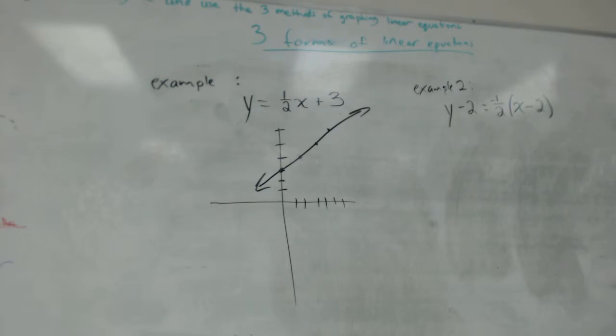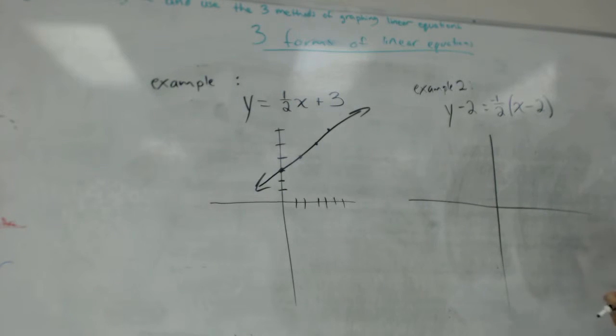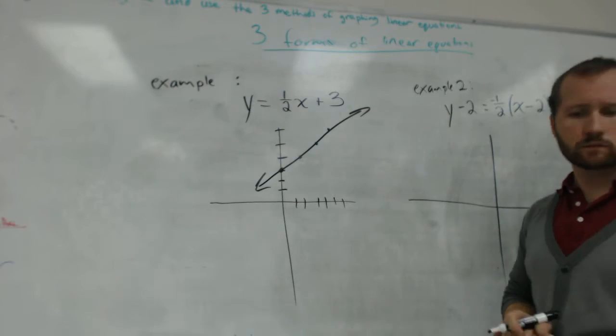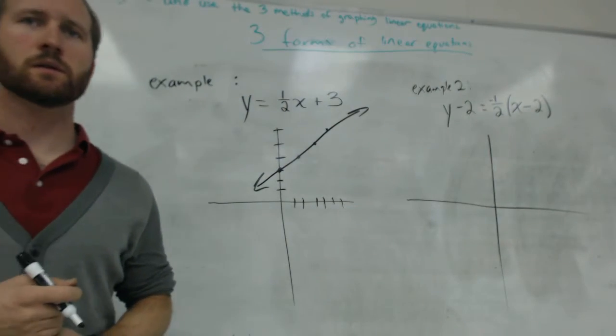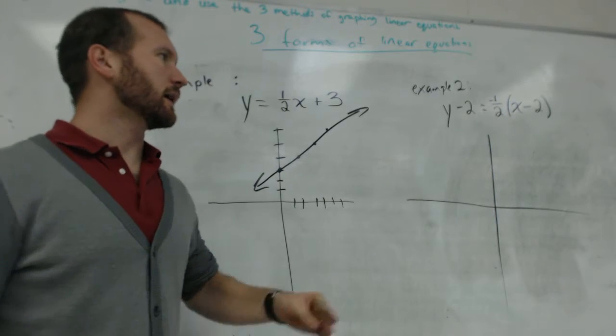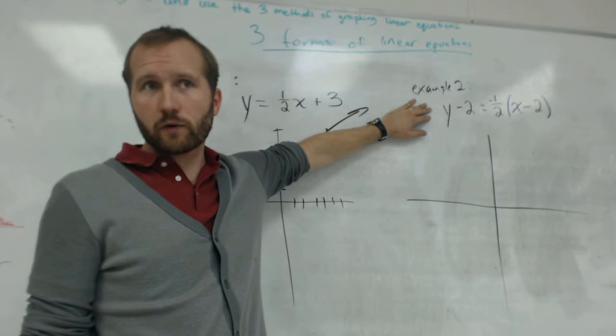That is the third form. Did you write it down? Look in your notes. It is point slope form.